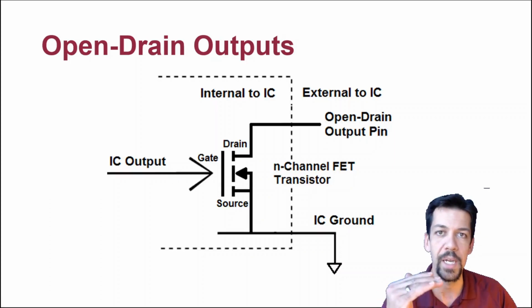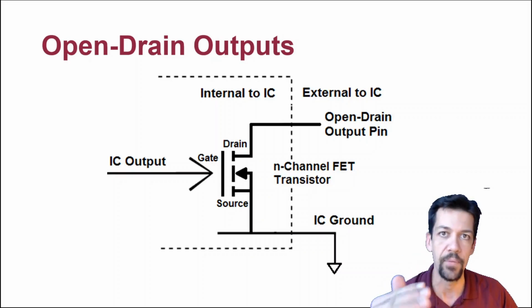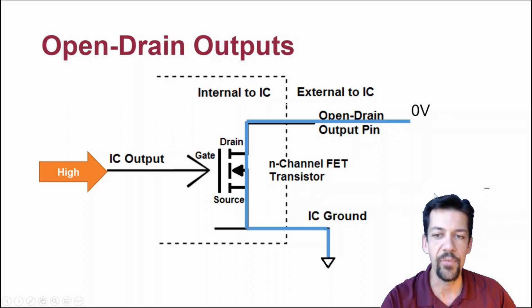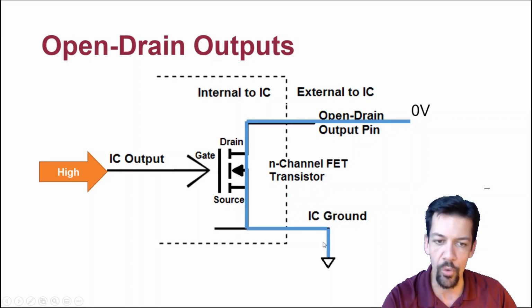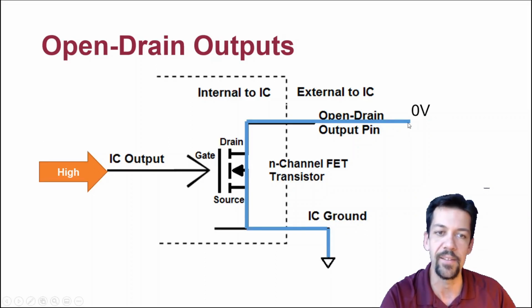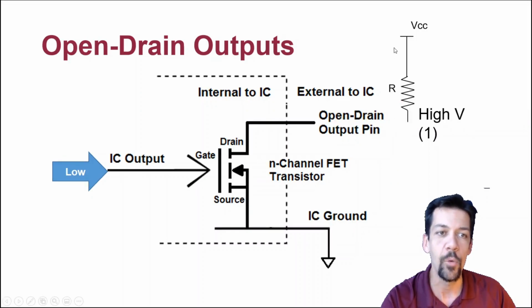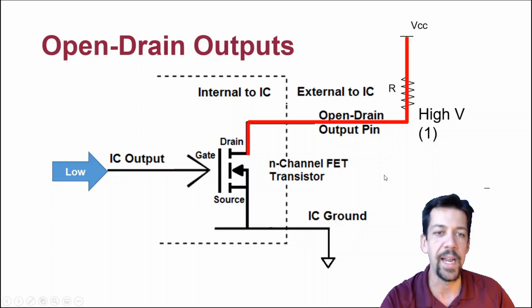So rather than being high or low, it's at like half a volt or something like that. So if we drive it low, we connect to ground, and that reads as an external device as 0 volts. When we release it, it's floating, and that allows the external device to pull it high, which gives us a standard normal high voltage, and this is what we do.